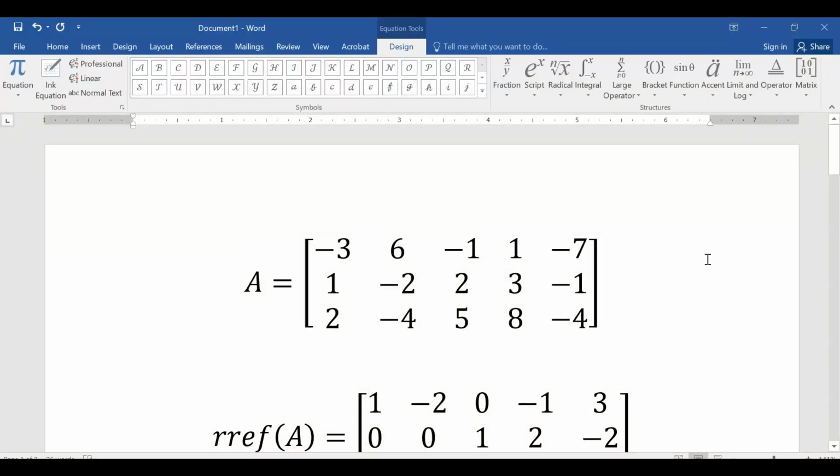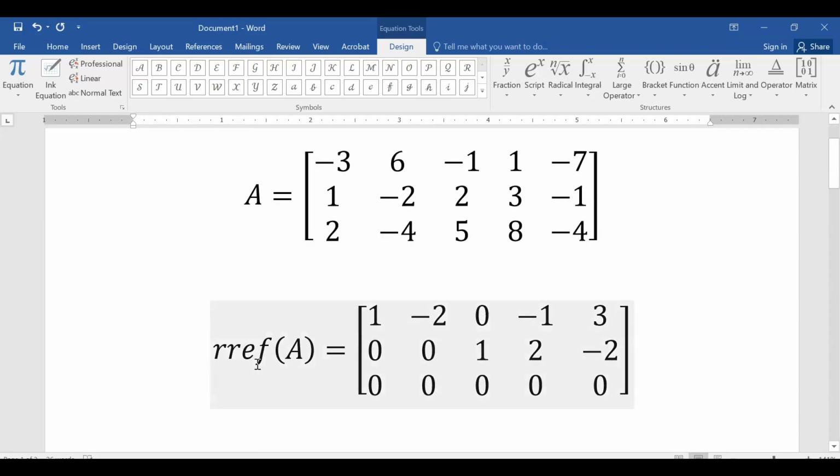Now, how do you do that? Well, you start with your matrix A, you row reduce it. When you row reduce it, you get this matrix. Now, what we're going to see is that columns 1 and 3 are the pivot columns, and columns 2, 4, and 5 represent free variables.